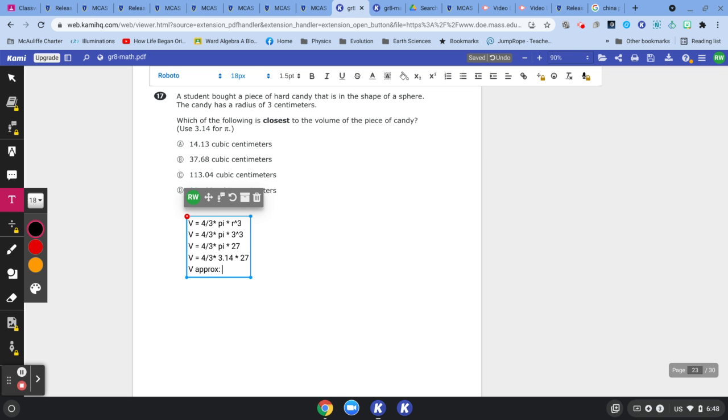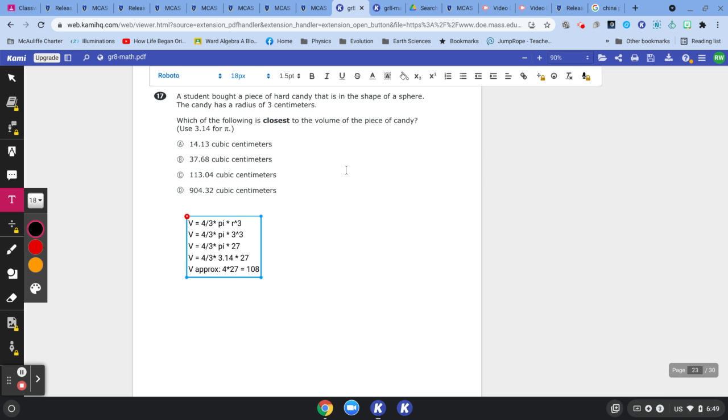Well, 4/3 times 3 is just 4. So 4 times 27, and 4 times 27, 27 times 2 is 54. So we're in the neighborhood of 2 times 54, or about 108 cubic units.